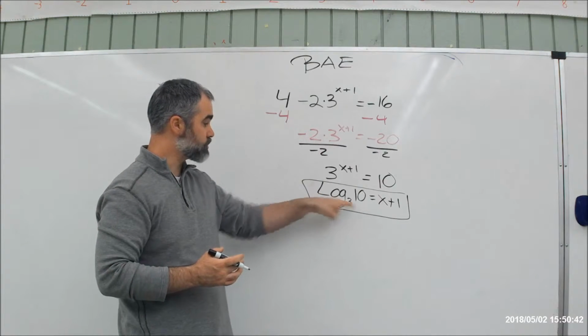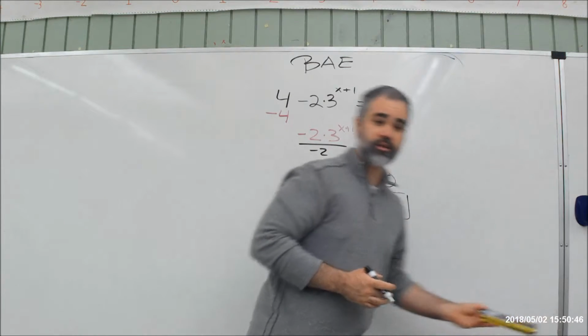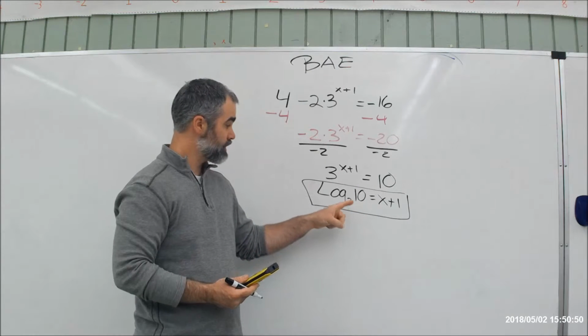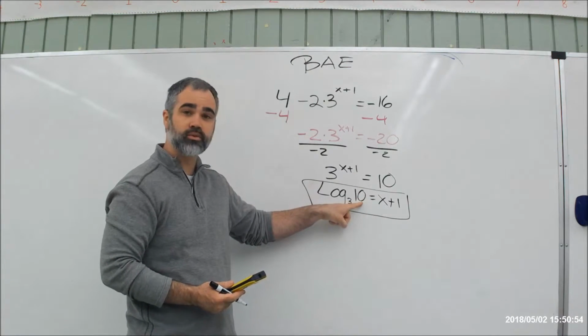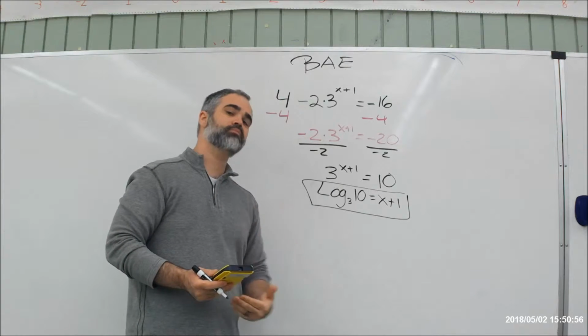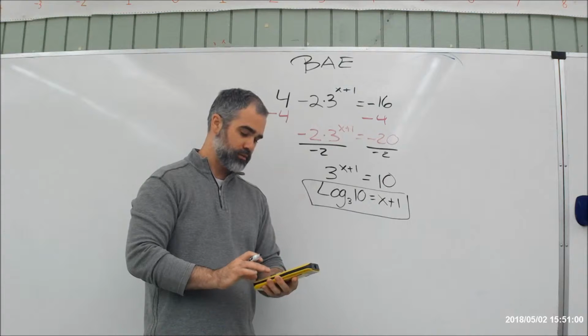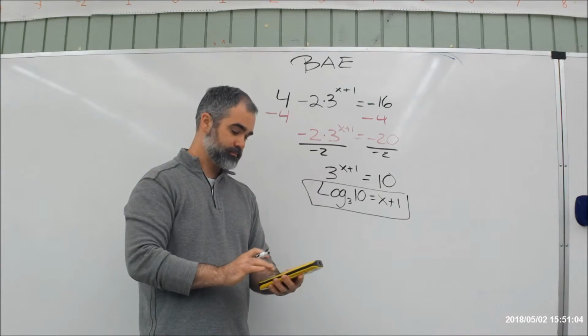You can type this directly into your calculator, and if you start understanding how logs work, you can take a pretty good guess on what this is. Because we know that this is the answer, so 3 to some power equals 10, 3 to the second power equals 9, so this is a little bit more than 2.